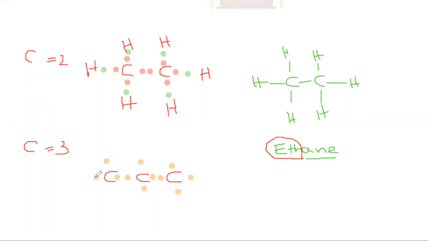If you count, these are 1 2 3 4 5 6 7 8 9 10 11 12, and there are 3 carbon atoms, and each carbon atom has 4 electrons. So 4 threes are 12. Maybe you can calculate the electrons first and then display them, or you can directly use the methodology which I have used over here.